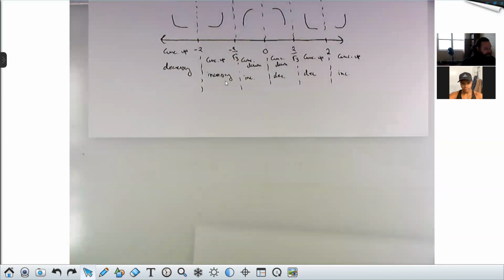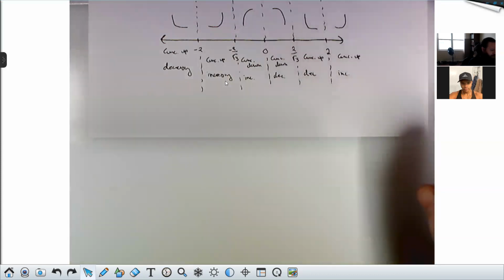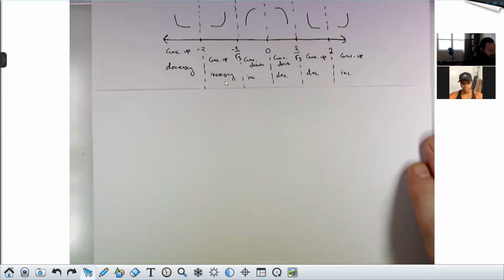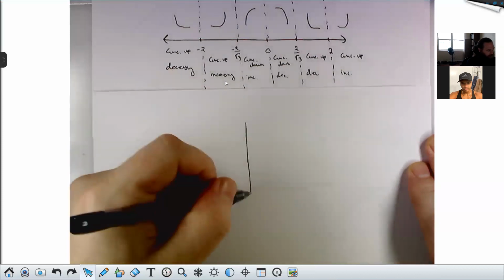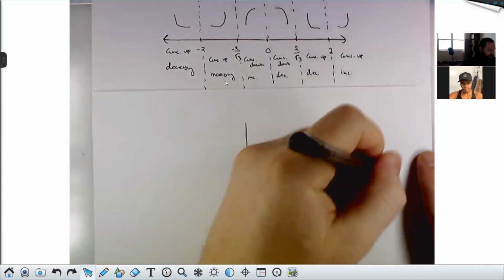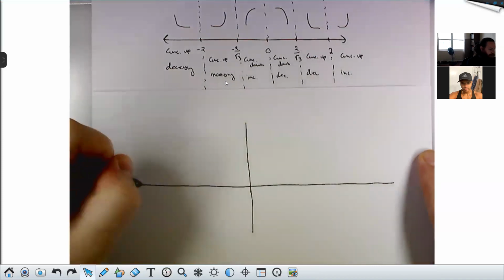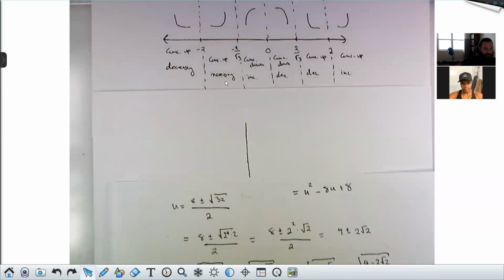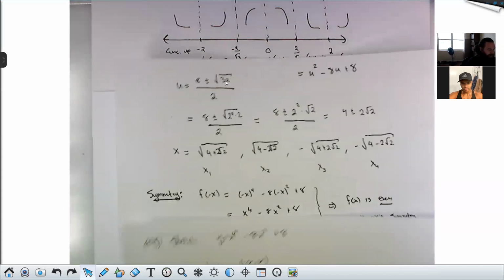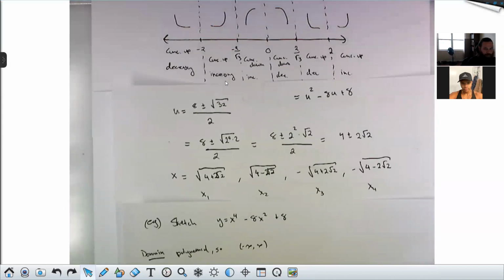If I want to draw this graph, we do the same sort of thing. We plot the points that we know. Unfortunately, some of these x values are really weird, but that's why I just called them x1 through x4. Where did I record those numbers? Yeah. So x1 through x4 were these nasty numbers we got here.